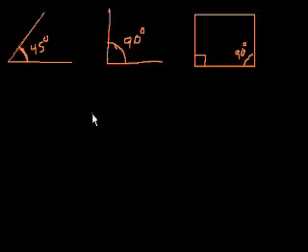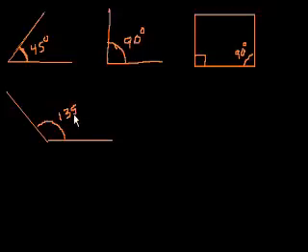And you could even get wider angles. If you go above 90 degrees, let's say I had lines like this. I'm just eyeballing it, this would be 135 degrees or something like that. If you ever want to really measure angles, you can use something called a protractor.